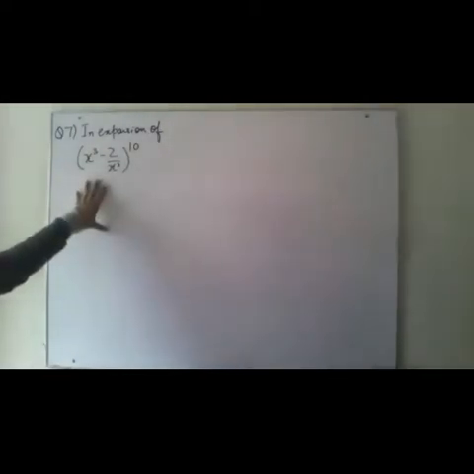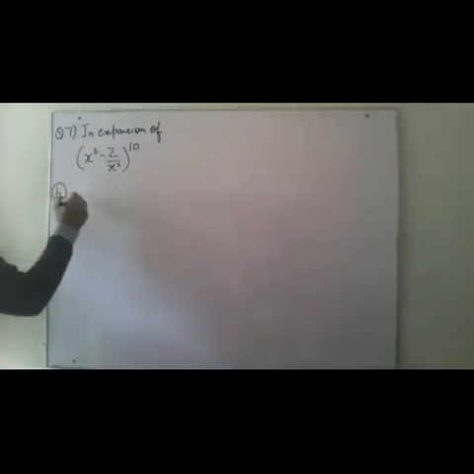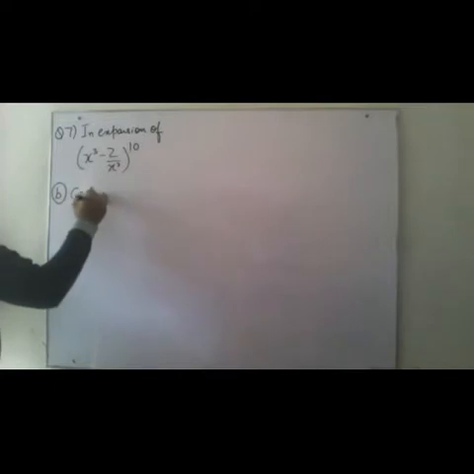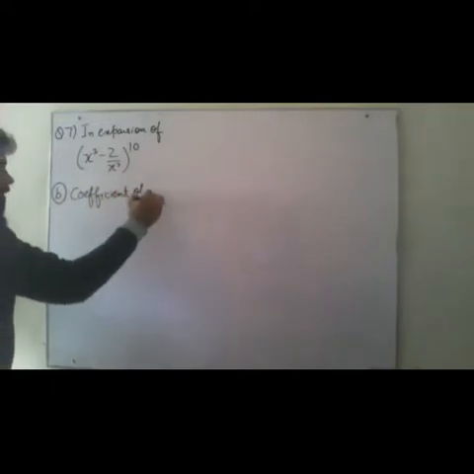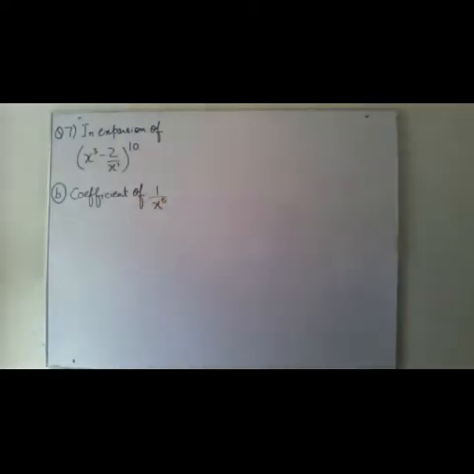We have done the previous part, that was the A part. Now I'm going to solve the B part of this one. They are saying in the B part, find the coefficient of 1 over x power 5. Okay, I have to find the coefficient of 1 over x power 5.